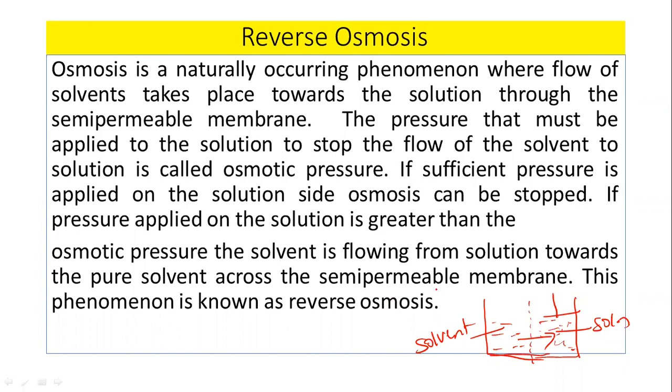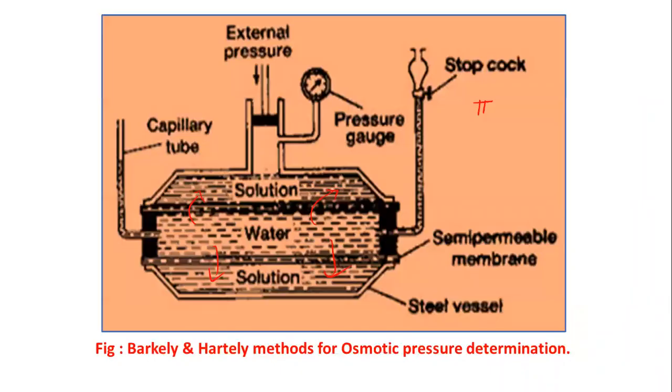If we apply sufficient pressure, we just stop the osmosis process. We can apply the pressure here. But suppose that we apply a greater pressure on the solution than the osmotic pressure.